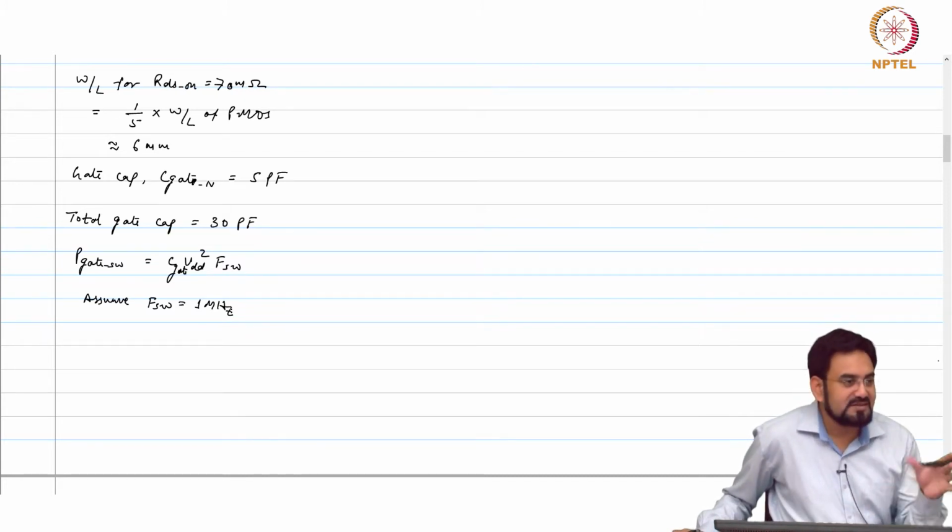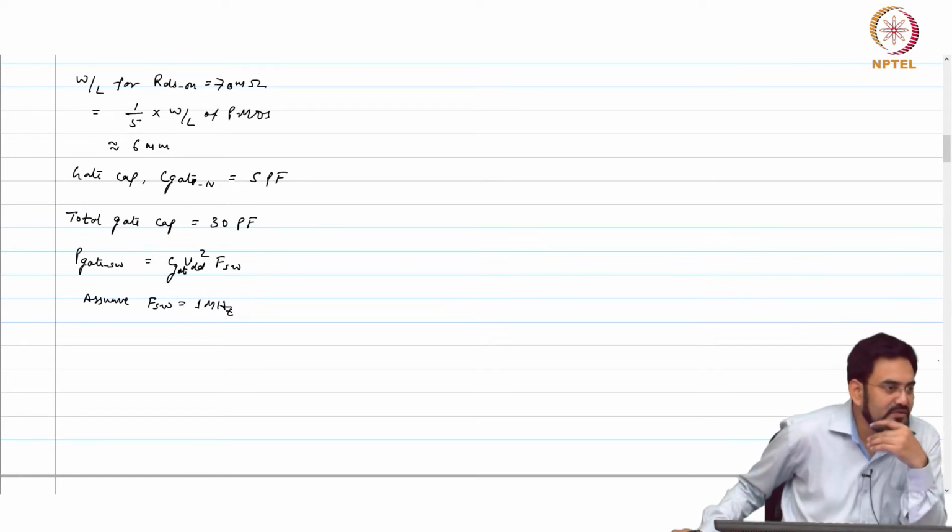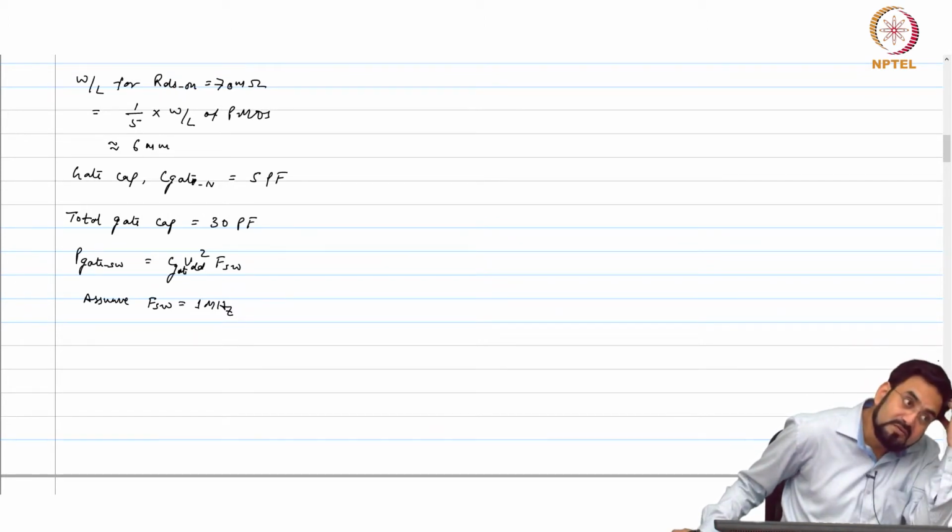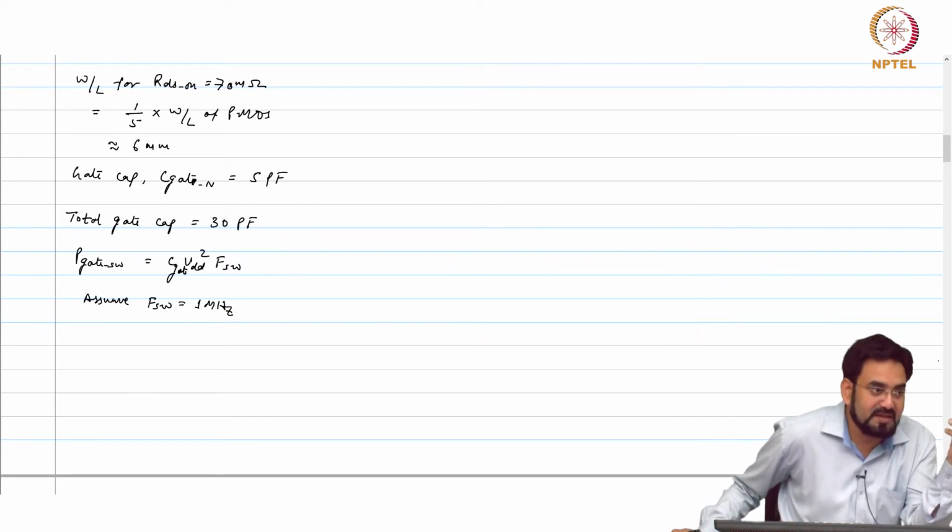So this will roughly tell us what frequency we want to operate at, because at full load we want to keep this switching loss negligible.